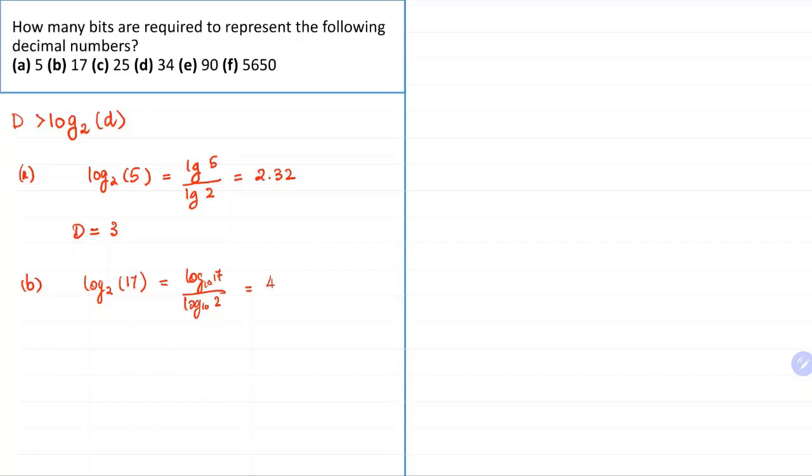This gives us 4.1, meaning that the minimum number of bits is 5. Okay, so D is 5, meaning that we need at least 5 bits to represent the decimal 17.